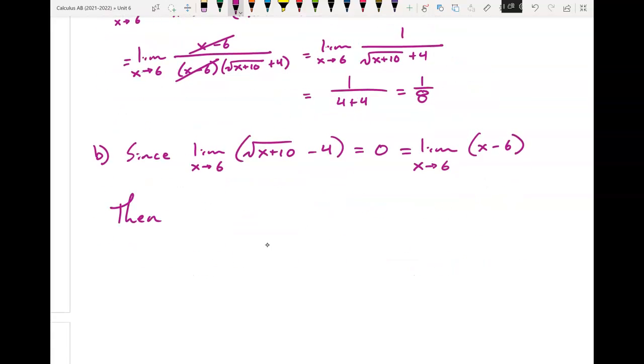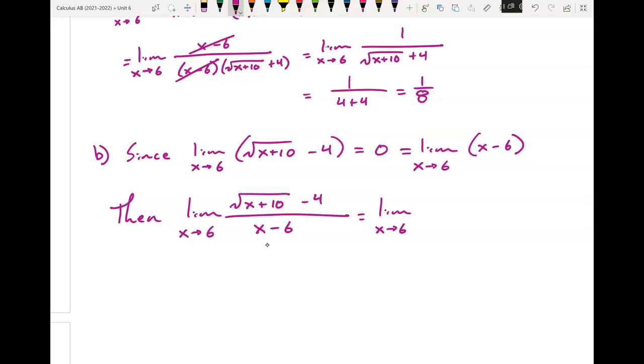Since that is true, then our original limit, the square root of x plus 10 minus 4 over x minus 6, we can go ahead and take the derivative. Now you need to remember that we need to rewrite that square root as a power of 1/2. So I am not going to simplify the derivative, I'm just going to get the derivative.